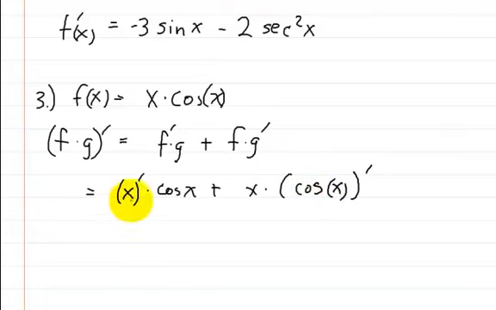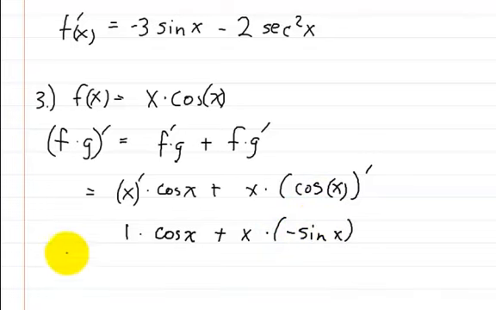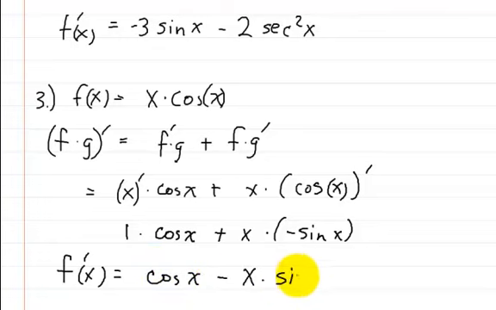The derivative of x is just 1, so 1 times cosine of x, plus x times the derivative of cosine of x, which is negative sine of x. So the derivative of f of x is equal to cosine x minus x times sine of x.